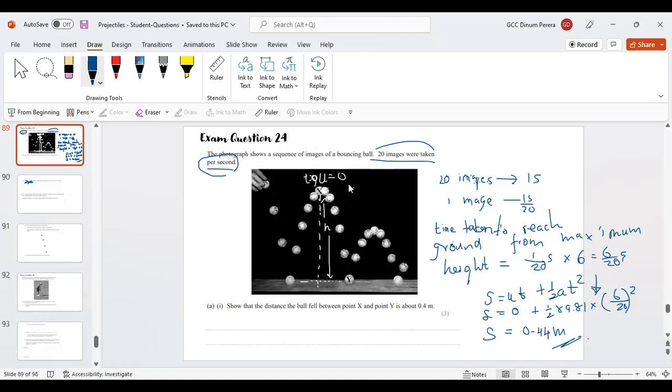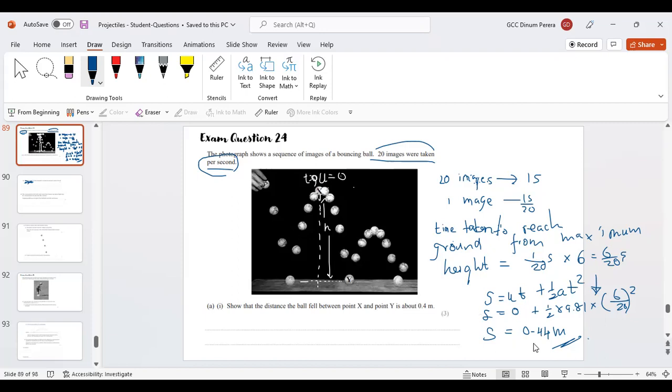Now it comes to this photograph: the ratio of the vertical height and the horizontal distance must be the same when compared to the actual lengths. In both ways, the ratios must be the same between the actual length and the length in the photograph. So you must use that.